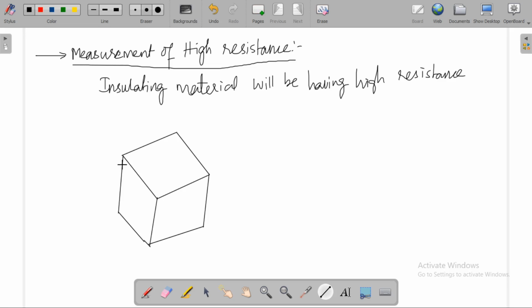So what we do is, let me use two conductors. I am attaching one of the conducting plates.